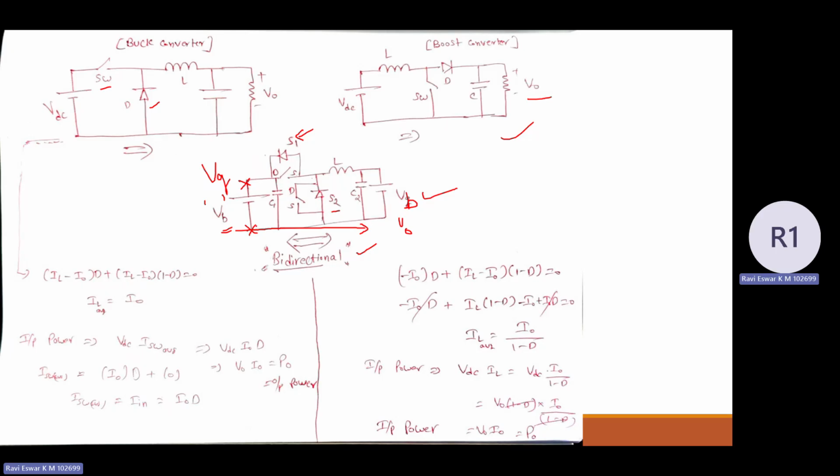This buck converter transfers the power from the grid to battery with the voltage matching of the battery, stepping down the voltage from the grid to battery. So now if I have the power flow from the grid to battery, I can write the battery voltage as D into VG. This is the typical real-time application of these bidirectional converters.